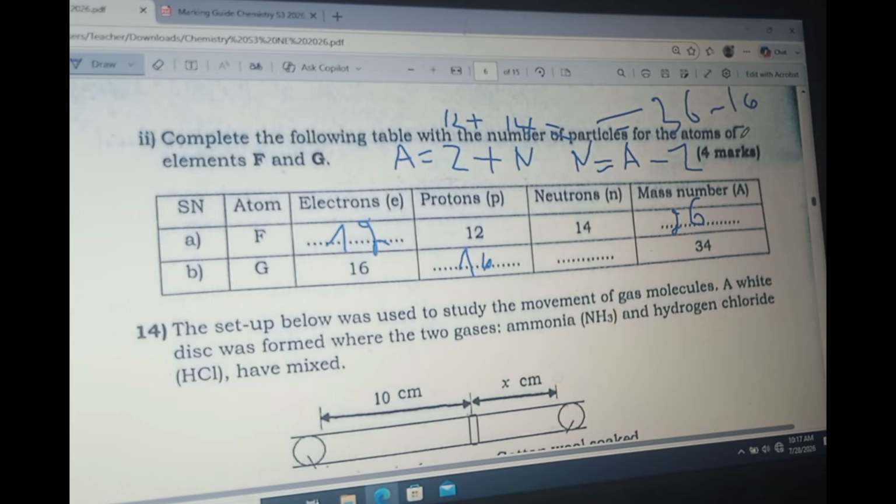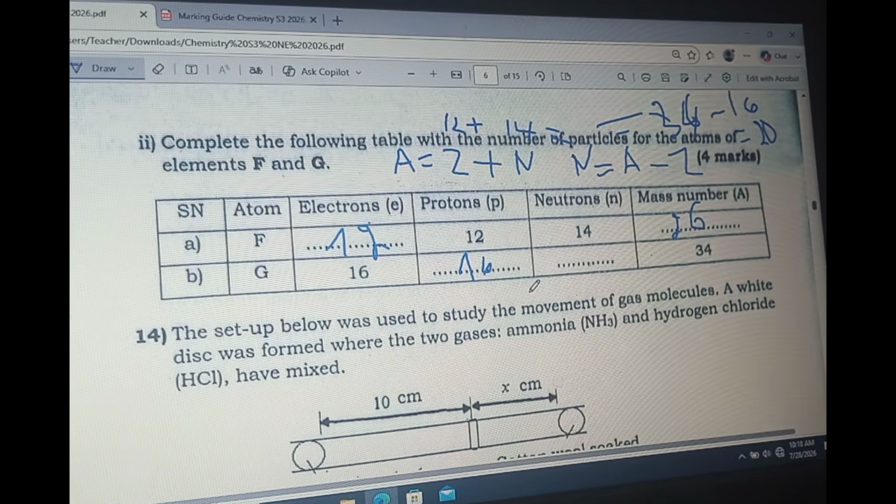We get what? This means that the number of neutrons is 18.